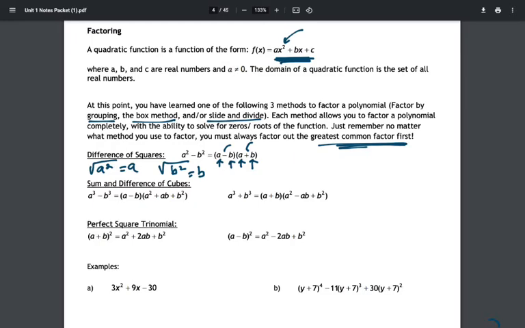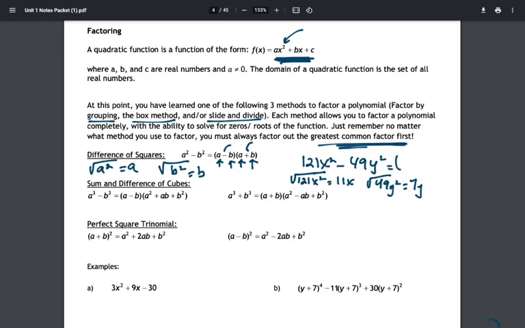So let's say we have something like 121x squared minus 49y squared. I would take the square root, it's a difference of squares, both of those terms are squared and it's separated by a minus sign. So I'm going to take the square root of 121x squared and I get 11x. And then if I take the square root of 49y squared, I get 7y.